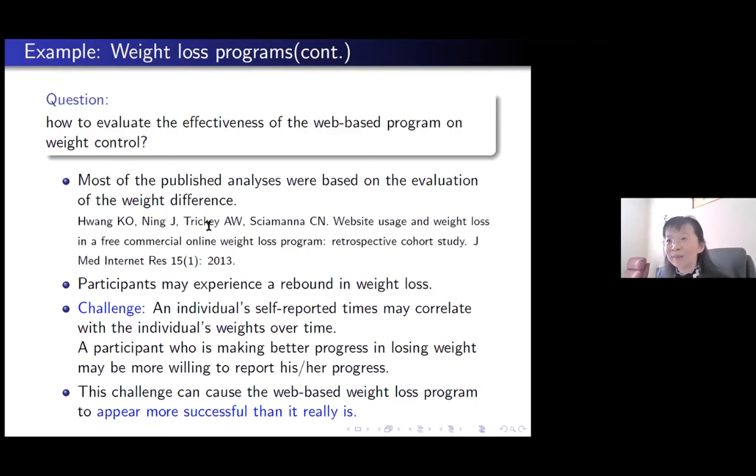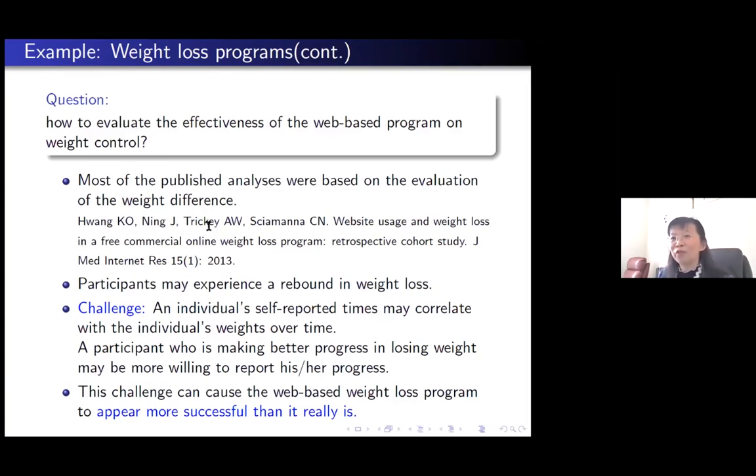For example, participants may experience a rebound in weight loss. Participants may lose 10 pounds in the first 3 months, and then gain 8 pounds back in the next 2 months. So examination of the overall weight difference is not able to reveal such patterns.